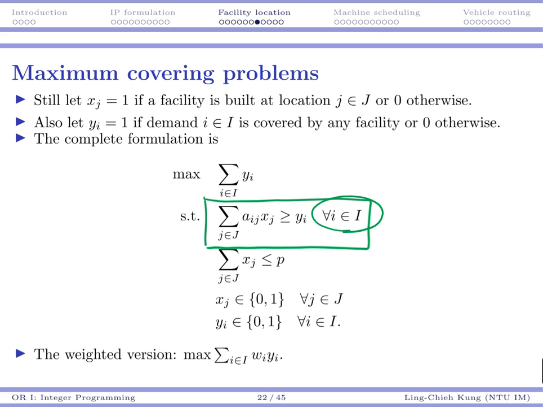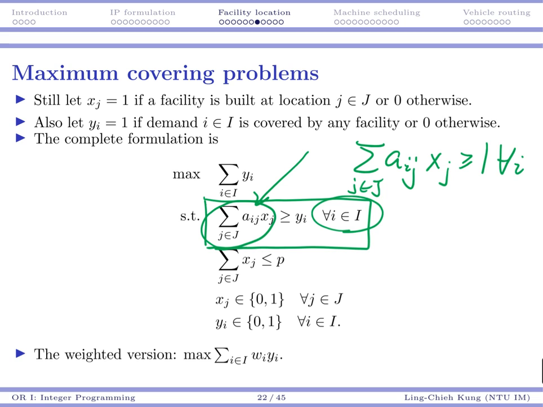For each customer, let's take a look at whether this customer is covered by any nearby open facility. This particular term is the same as the set covering term at the left-hand side in the previous situation. In the previous case, the sum of aij xj for all j must be greater than or equal to 1 for all i. In set covering, we impose this formulation, saying that for each customer, you need to cover this customer.